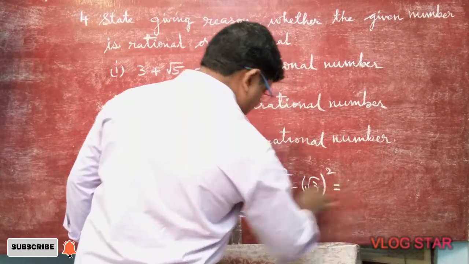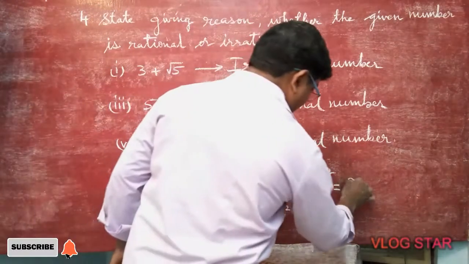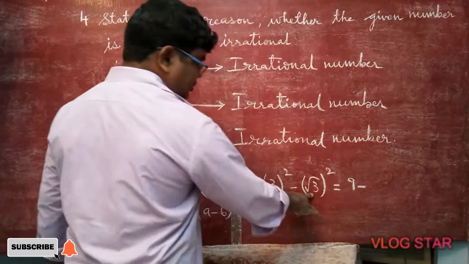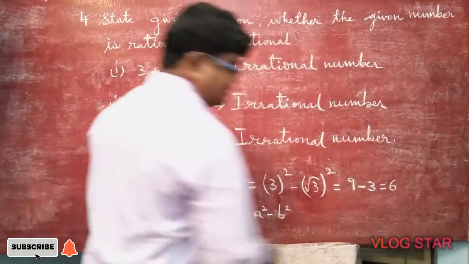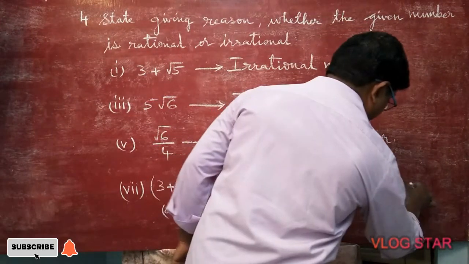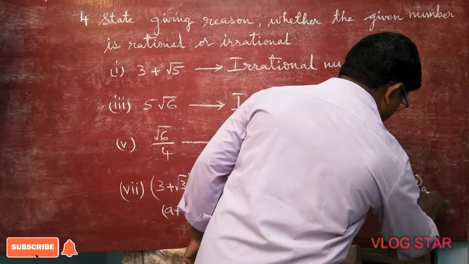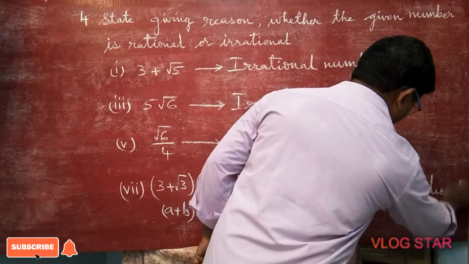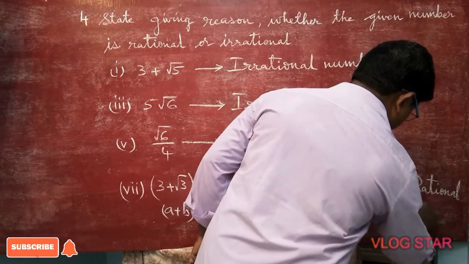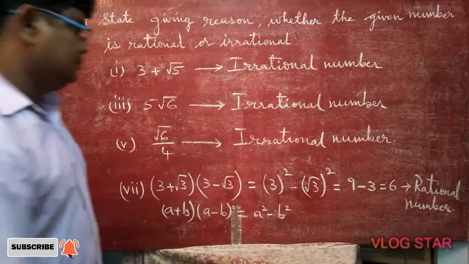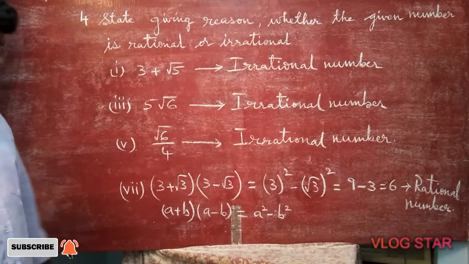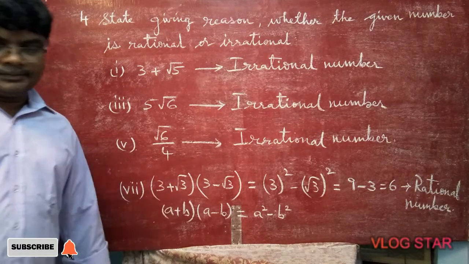Now 3 3s are 9. Minus root 3 into root 3 is 3. 9 minus 3 is 6. What is 6? Rational number. So did you understand now? This is the way of simplifying. This is the formula we used here.